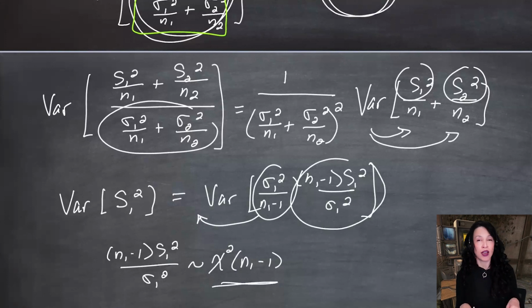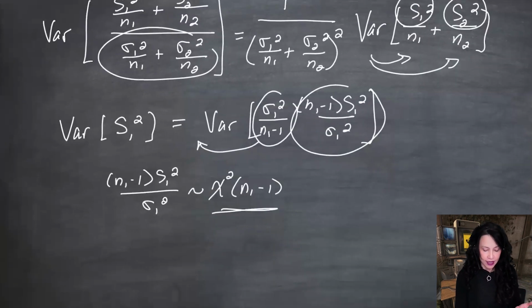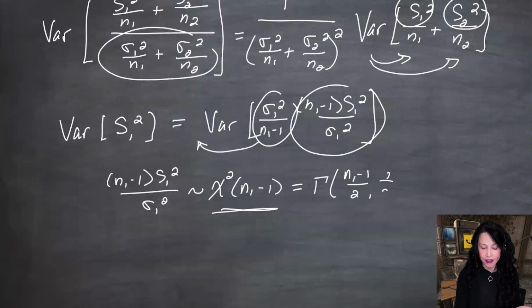If you don't remember the chi-squared variance, I realize it's not in your table. Look at the gamma, because this is in our parameterization. This is a gamma n1 minus 1 over 2 comma 1 half, and you can look that expectation and variance up in the table.